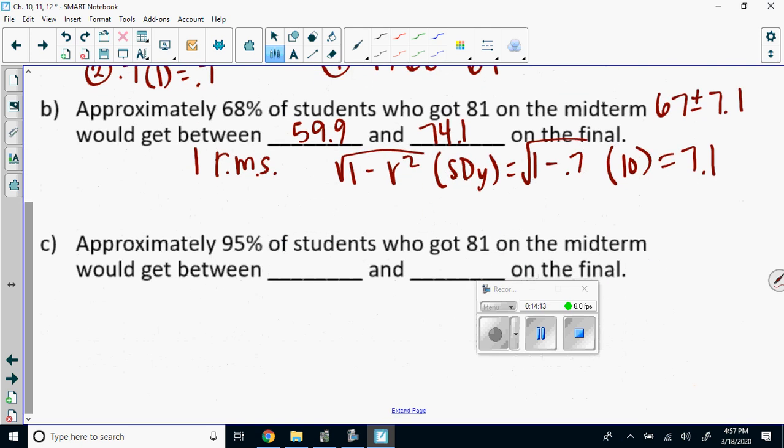Then we want 2 RMS errors, because it's 95%. So let's just do 67 plus or minus 2 times 7.1.